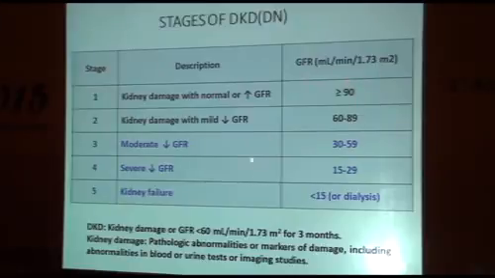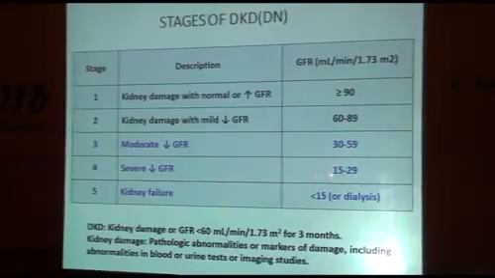The first stage corresponds to GFR more than 90, second from 60 to 89, stage 3, the moderate category, moderate CKD, corresponds to 30 to 59, stage 4 being 15 to 29, and end-stage renal disease corresponding to less than 15 ml per minute per 1.73 meter square.